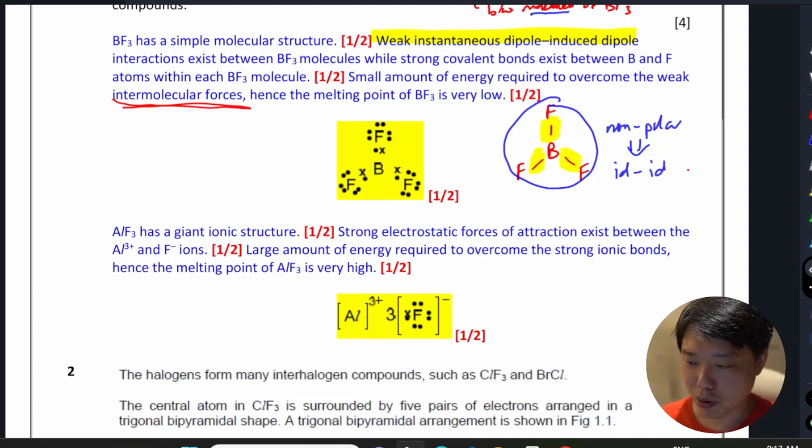It's not between molecules because there are no molecules here. So we have to be very careful when doing questions like this. The phrasing will get you into trouble. Think very carefully before you write down what type of structure you are referring to, and what the bonds or interactions are that you are breaking.